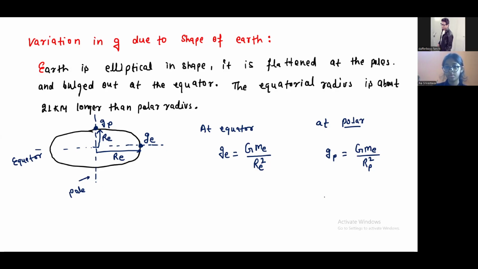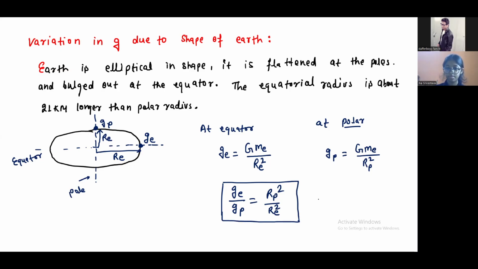It is independent of the shape and the medium between them, and it is a universal constant. When we take the ratio GE upon GP, then we will get RP square by RE square, because it is inversely proportional.